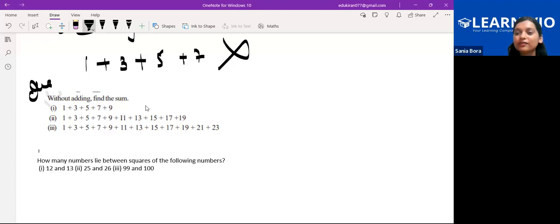Ibrahim, I taught you that whenever you get odd numbers, you don't need to add them. What you do is count the numbers and square that count. Here, 1, 2, 3, 4, 5. So you have 5 numbers. So 5 squared would be 25. So instead of adding, you people got this.